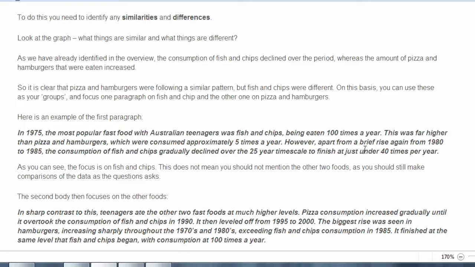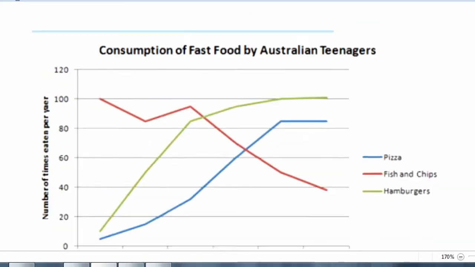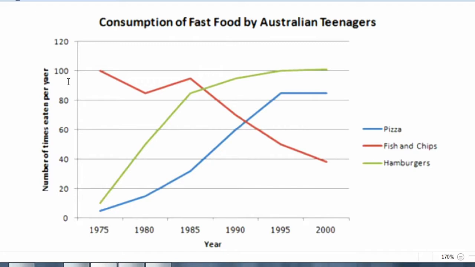After that it was on a decline, so we can write that this was far higher than pizza and hamburgers, which were consumed approximately 5 times a year. However, apart from a brief rise again from the 1980s, a very brief, little bit of rise, it's not a very significant rise, and again it is on a decline.